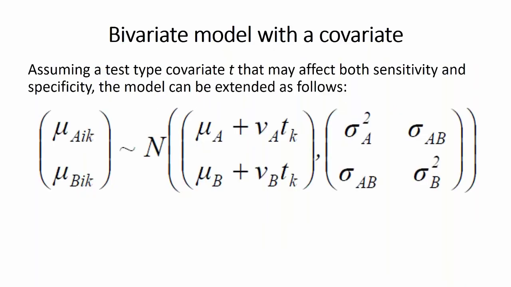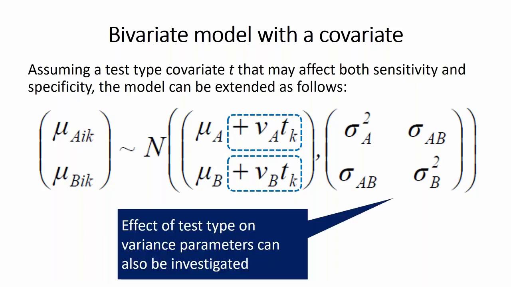Now, when we extend this model by adding in a covariate, we can include a covariate that affects both sensitivity and specificity. And we can also allow the covariate to depend on the variance parameters, so that we're not assuming a common variance across different test types, but we can allow each test to have its own variance parameter.